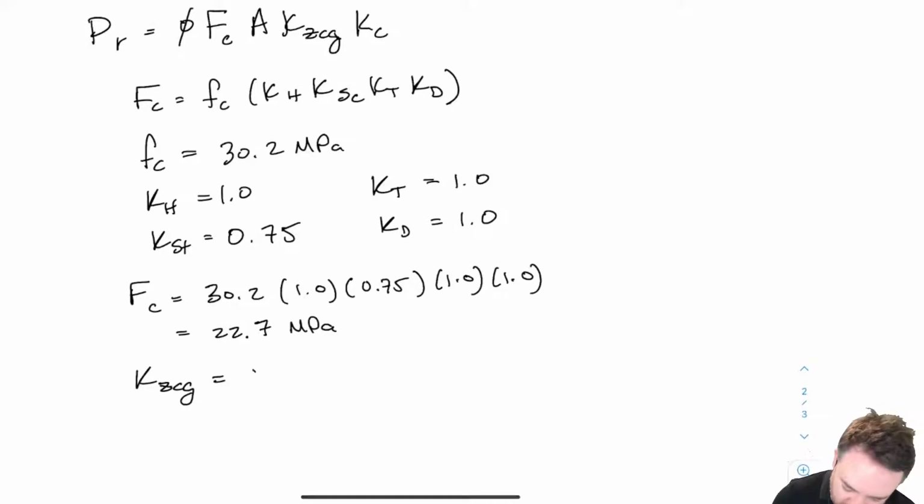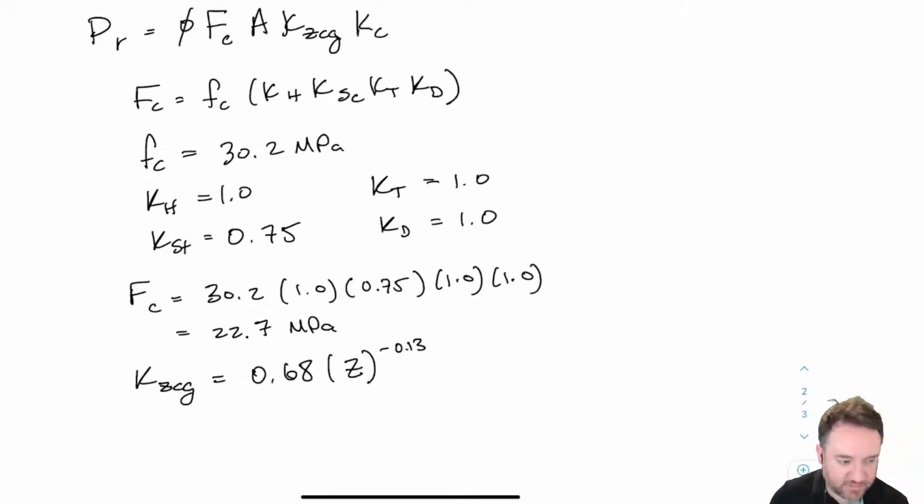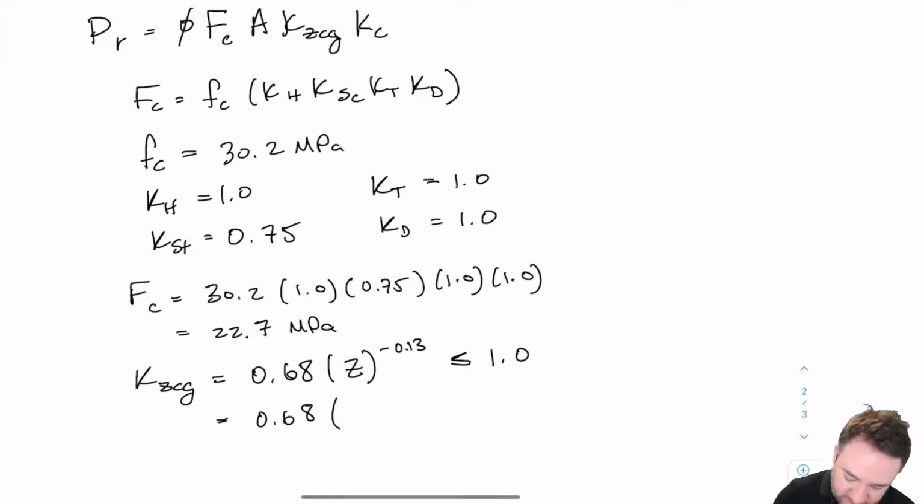This equation is 0.68 times Z to the power of negative 0.13. You remember it's got a weird exponent because this is an empirically derived equation, and it has to be less than or equal to 1.0. That number is a cap. So I put 0.68. Now here's the trick. In Z, I have to remember that this is in meters cubed. So all of my numbers here have to be in meters.